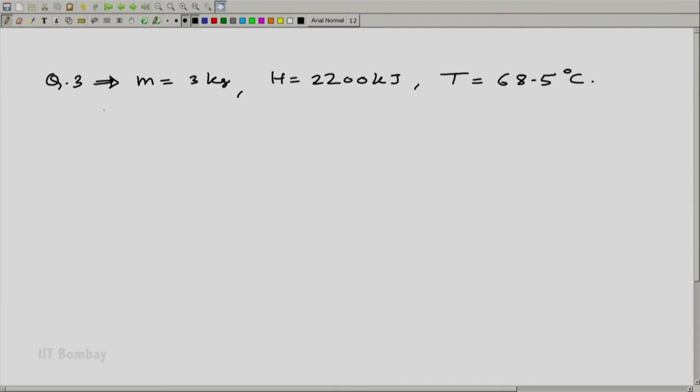We just saw that we had values for 68 degree centigrade and for 69 degree centigrade.